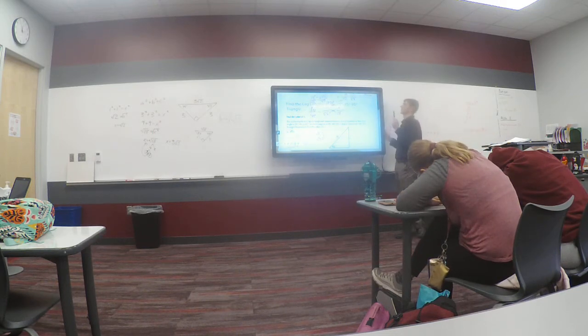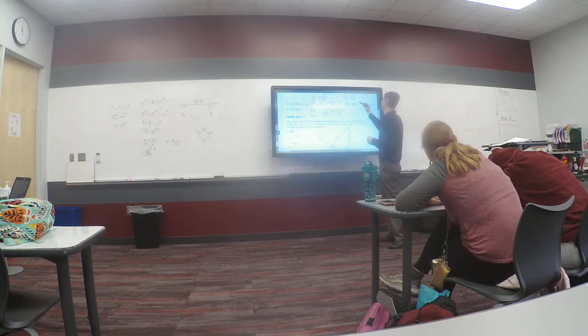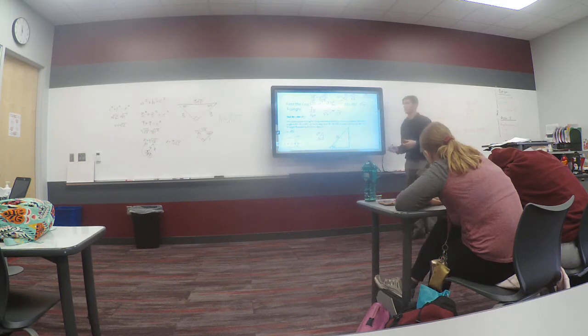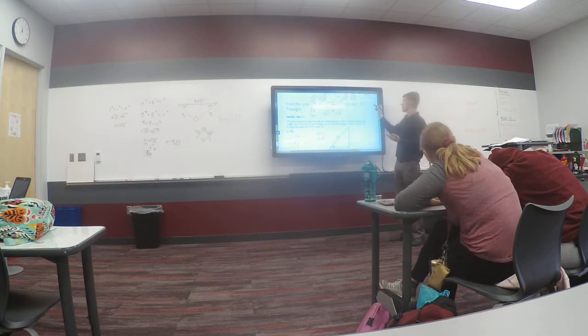And then what is the square root of 2 times the square root of 2? It's going to be the square root of 4. Something that we talked about a little bit in that class is, what is the square root of 4? 2.